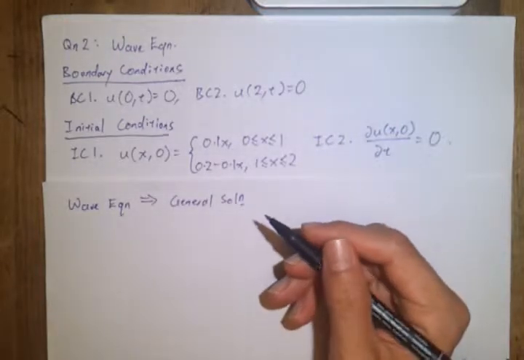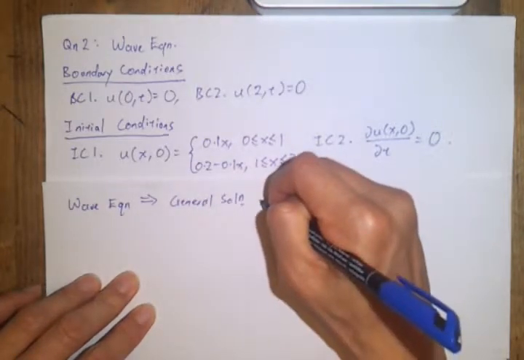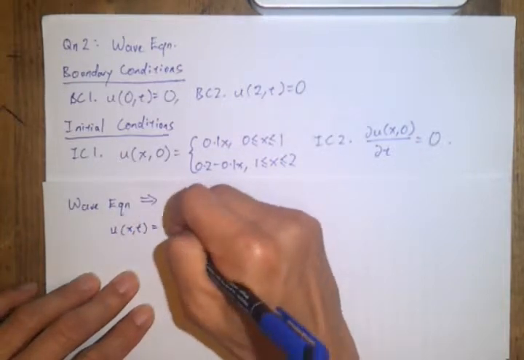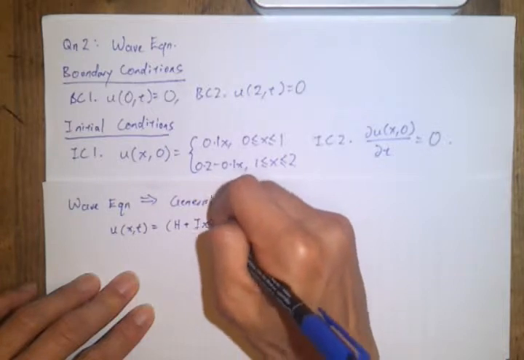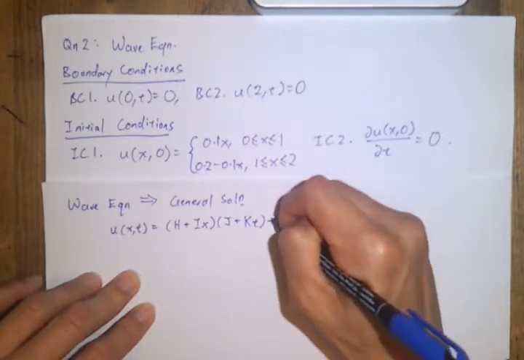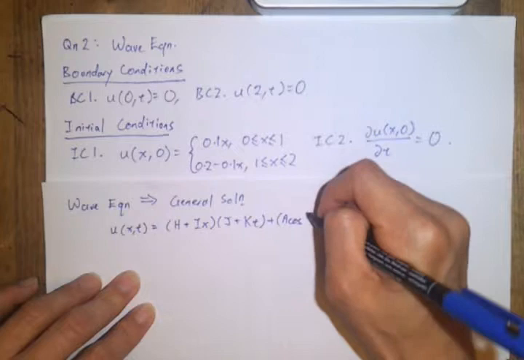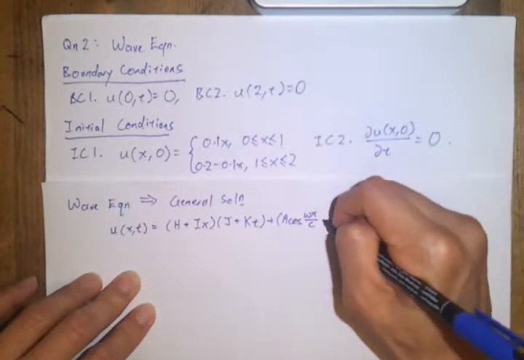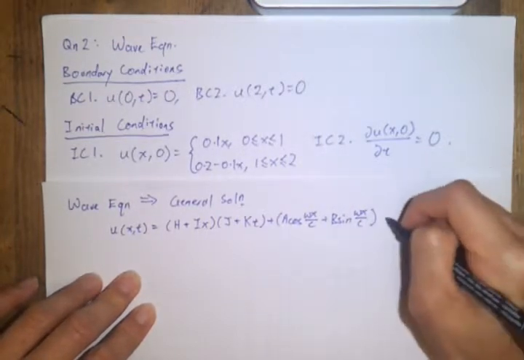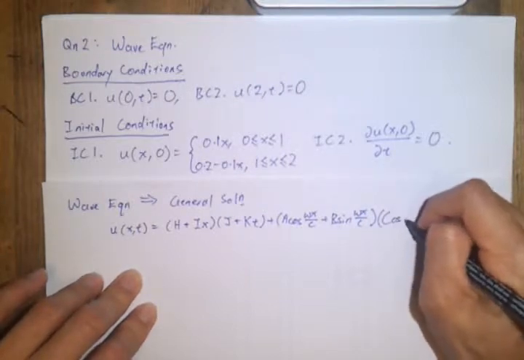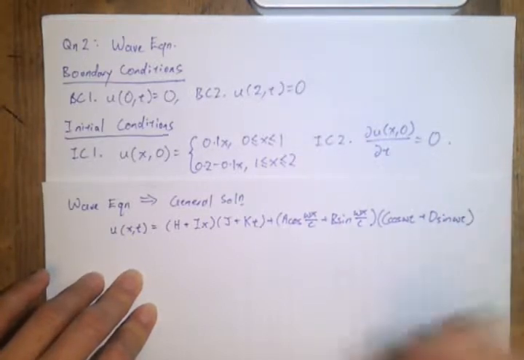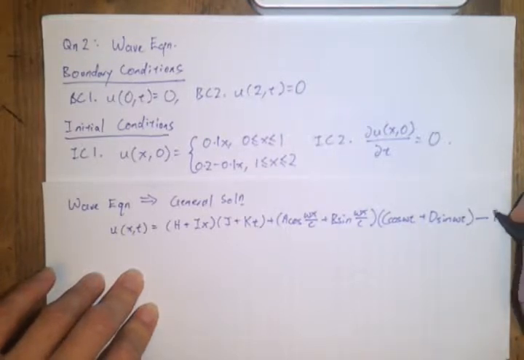The formula sheet tells you the general solution is u(x,t) = (h + Ix)(j + kt) + (a cos(ωx/c) + b sin(ωx/c))(c cos ωt + d sin ωt). So this is your general solution.